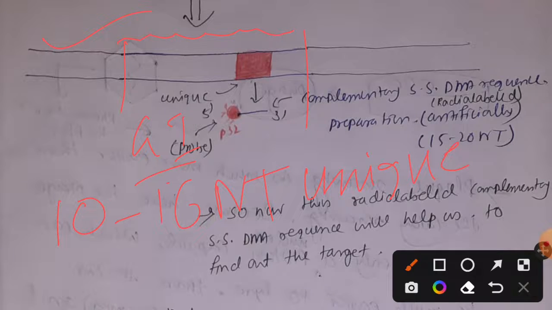That is what I have marked here in red. This red box is the 10 to 16 nucleotide sequence which is specific for the gene of interest, meaning this particular red colored position is only present in your gene of interest. It is absent in the rest of the genes.